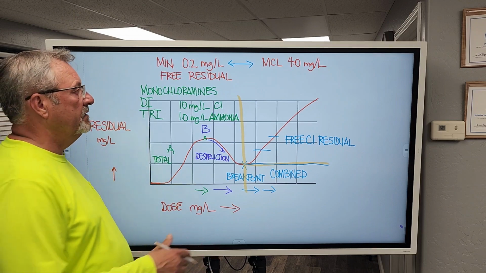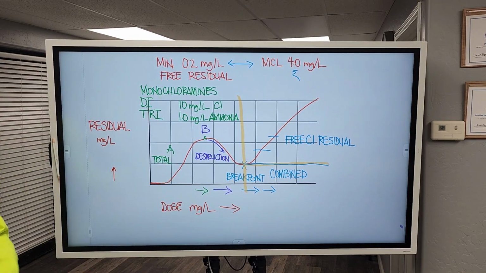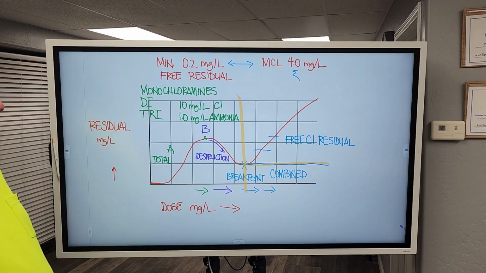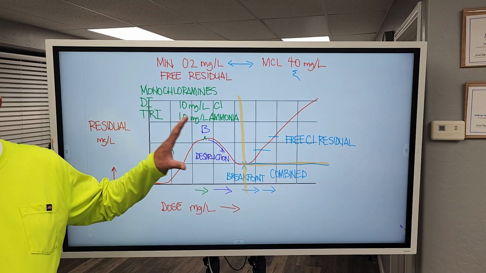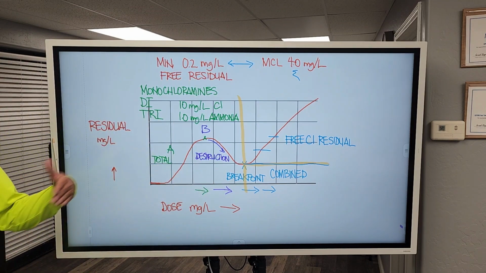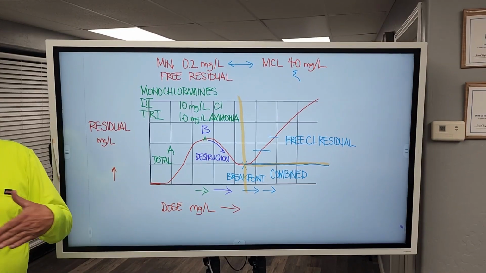Here in our system, we don't want to send out 4 milligrams per liter. It's way too much chlorine. We want to be efficient. We don't want to over chlorinate the water. So we have a different dose that we do, and we've learned what that is over time. We've achieved breakpoint, we maintain a certain residual, and as long as we maintain that, we're good.